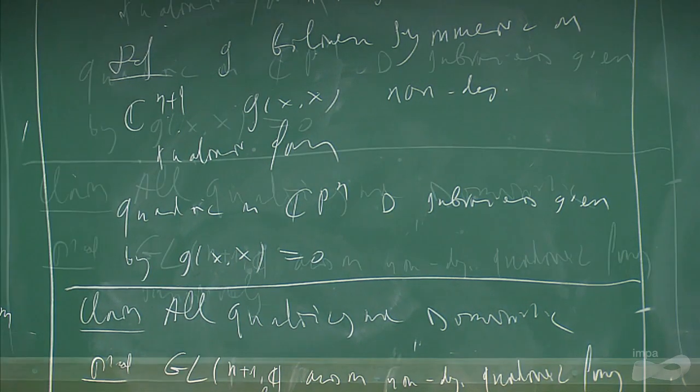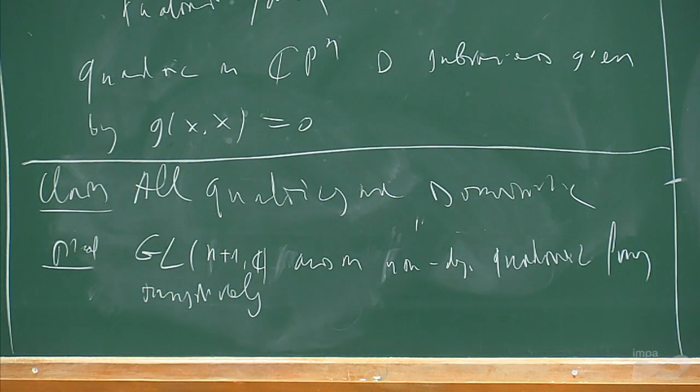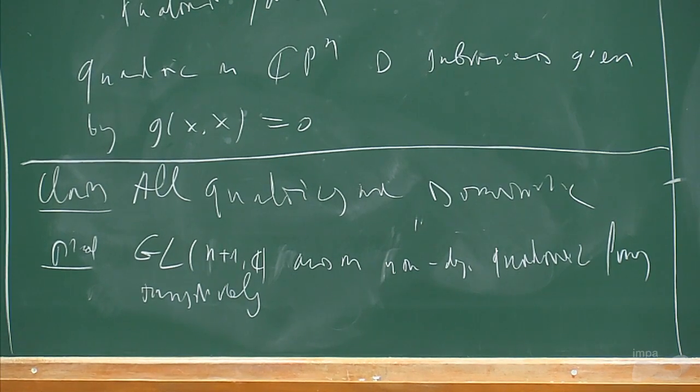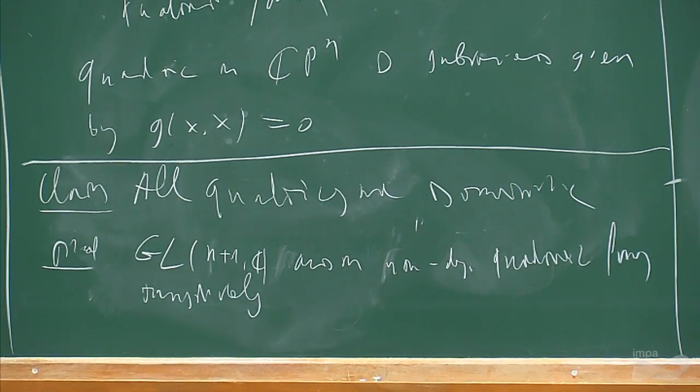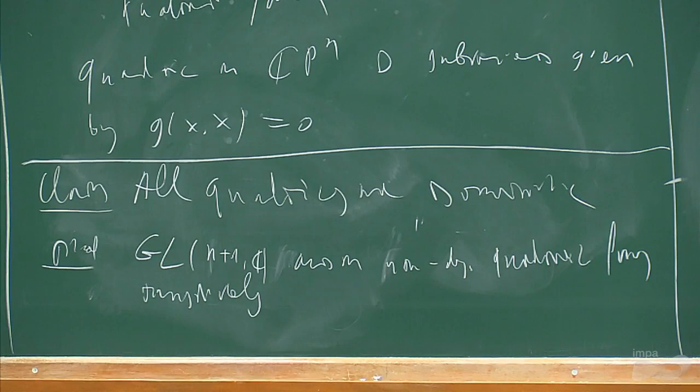So the first example is a zero-dimensional quadric. A zero-dimensional quadric is two points. Proof: all quadrics are the same, it doesn't matter which one we take. So take xy equals 0 in CP^1.